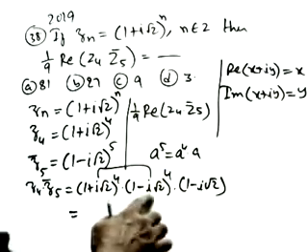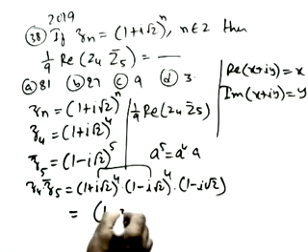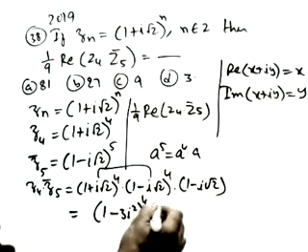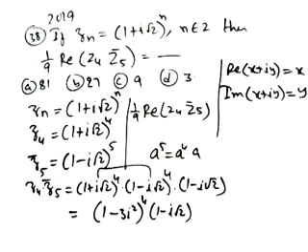Now because these have the same powers, we can multiply the bases. (a plus b)(a minus b) is a square minus b square, whole power 4, into (1 minus i root 2).